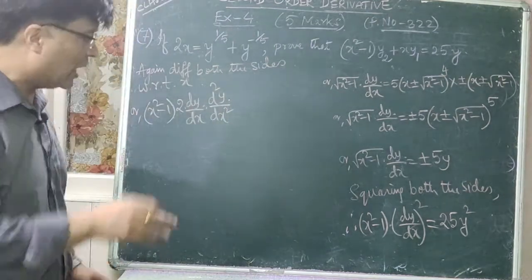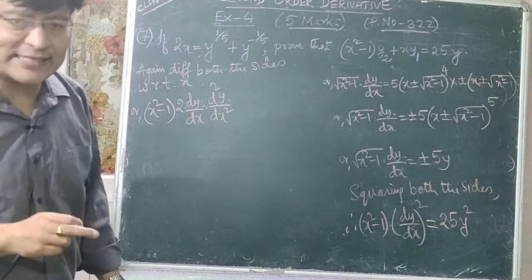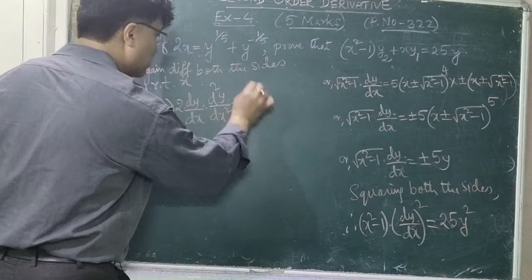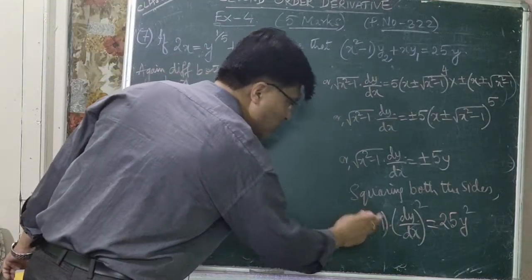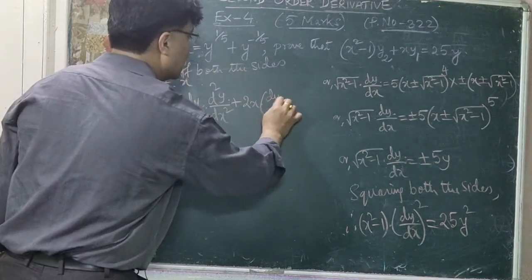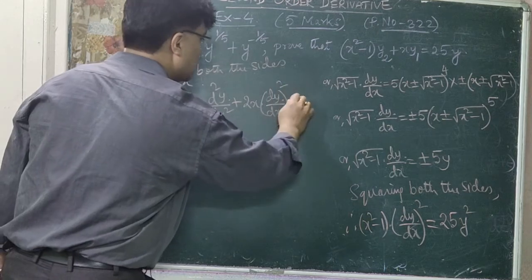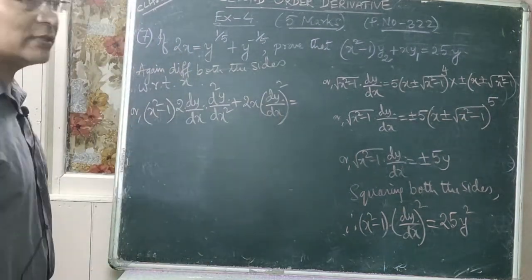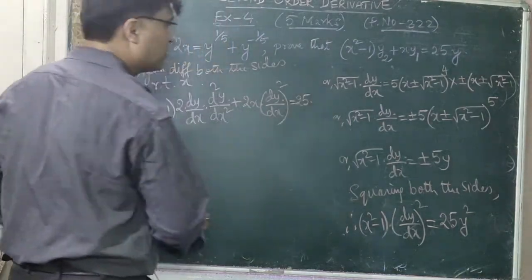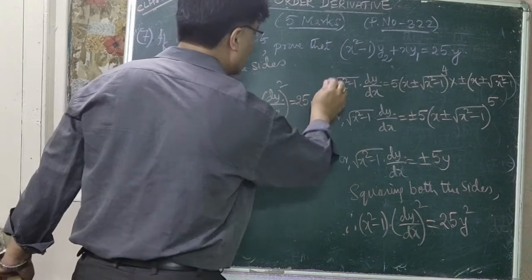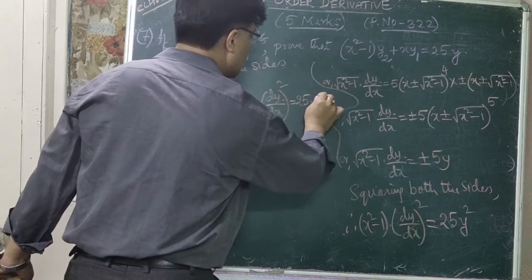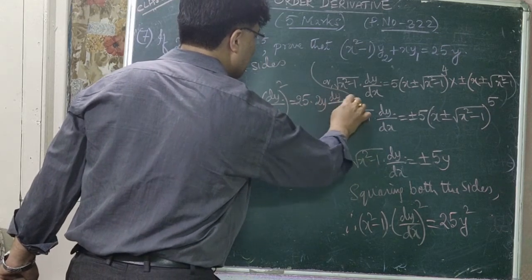Okay. Now keeping dy by dx whole square as it is, take the differentiation of x square minus 1. So you have to write down plus sign. What is the differentiation of x square minus 1? It is 2x minus 0, that is 2x into dy by dx whole square, which is equal to, now differentiate 25y square with respect to x. 25 is constant, it is kept as it is, into the differentiation of y square, which is 2y into dy by dx.